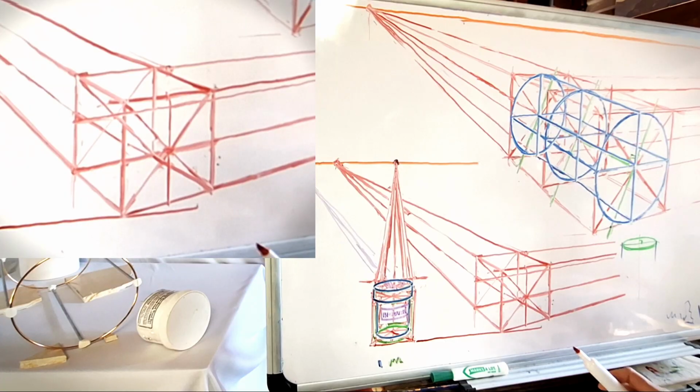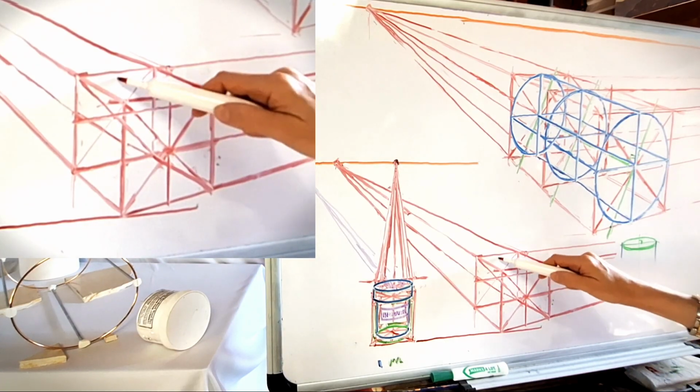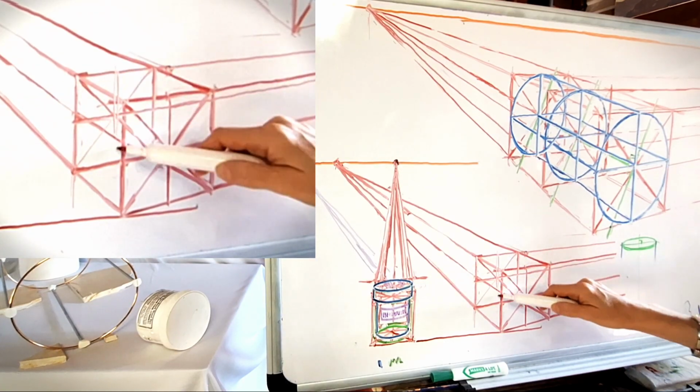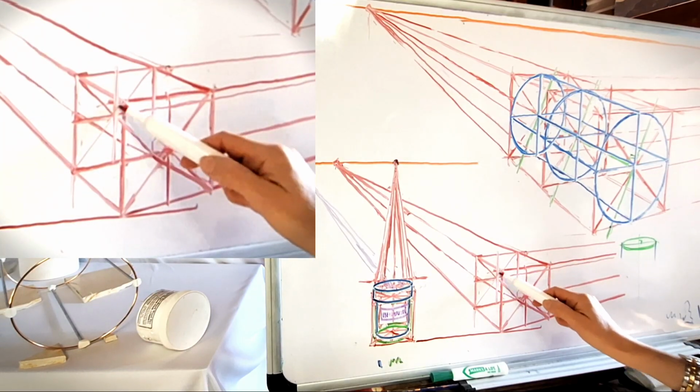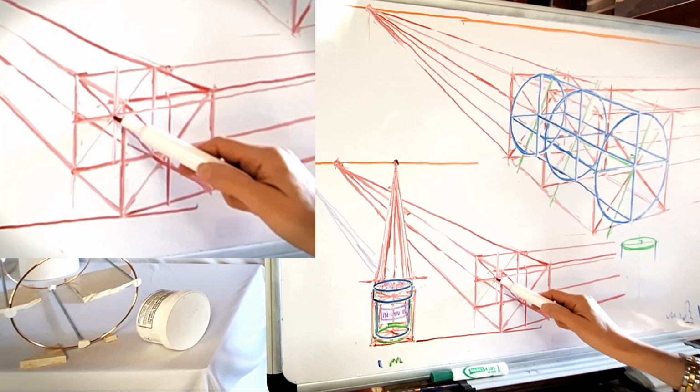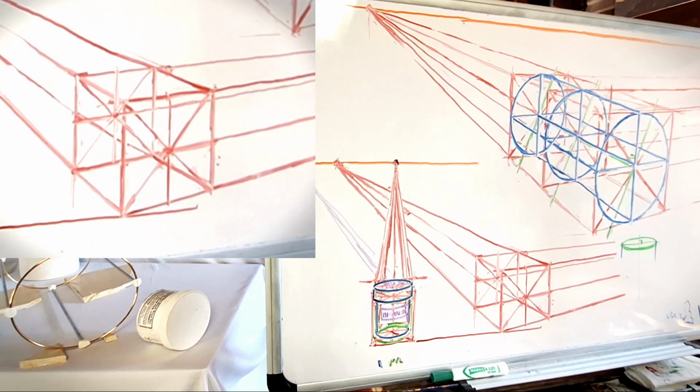Get that perspective right in the beginning, and you won't struggle with the rest of the cylinder construction. Here's our straight one. Here's our intersection. All right, so now we can construct the main body of the cylinder.